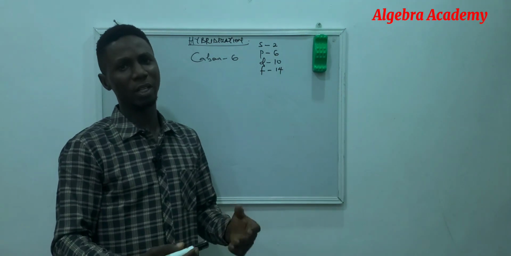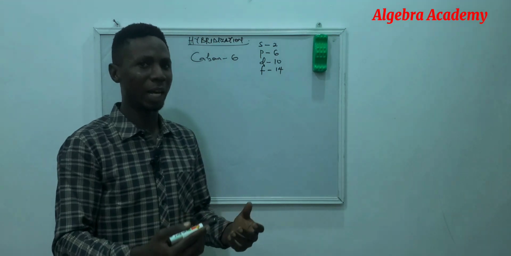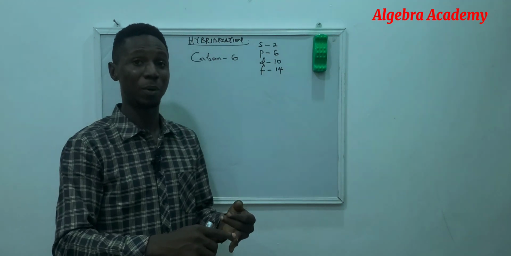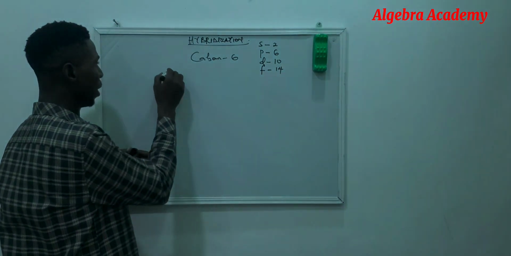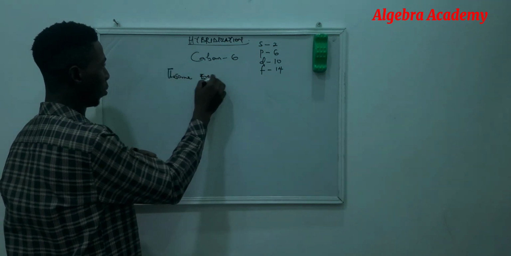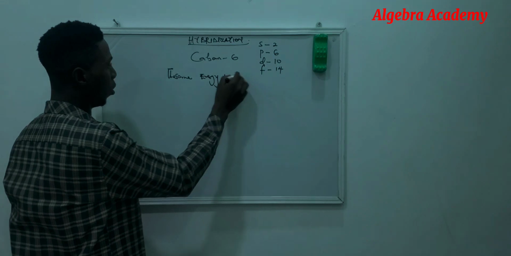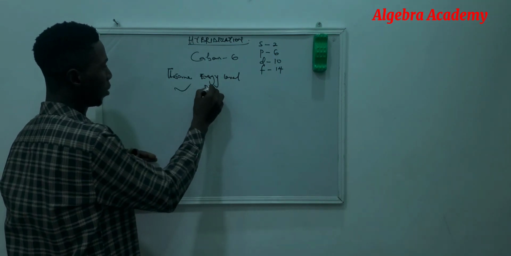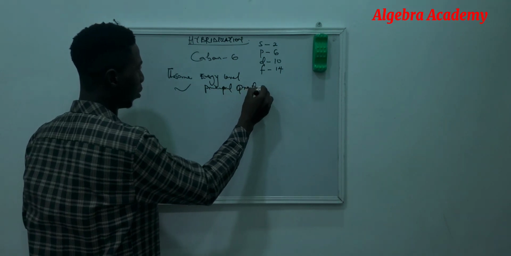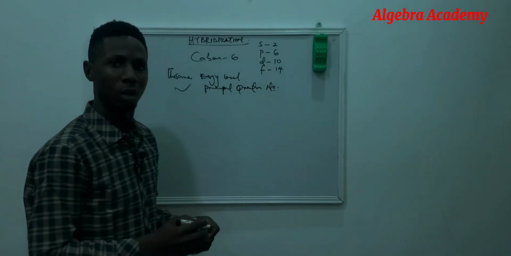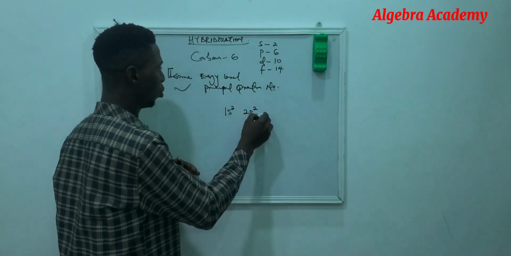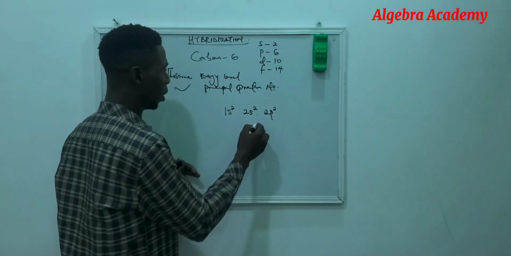But the orbitals we are blending together must be orbitals of the same energy level, that is, they have the same principal quantum number. Now let's take 1s2, 2s2, and 2p2.